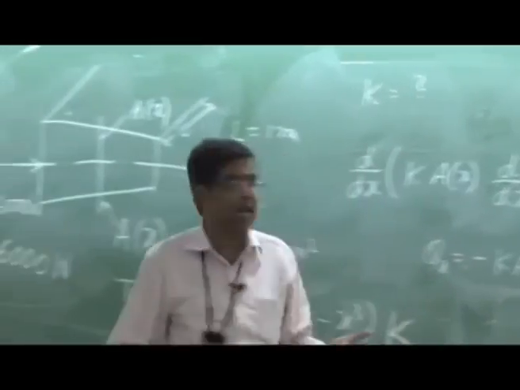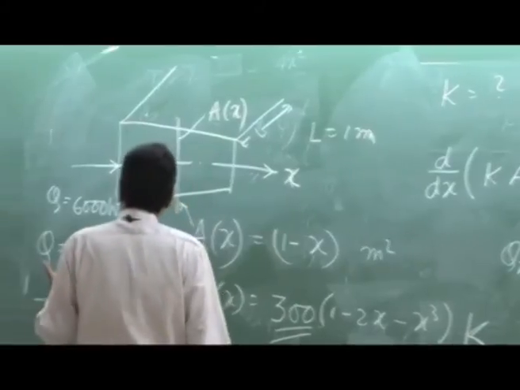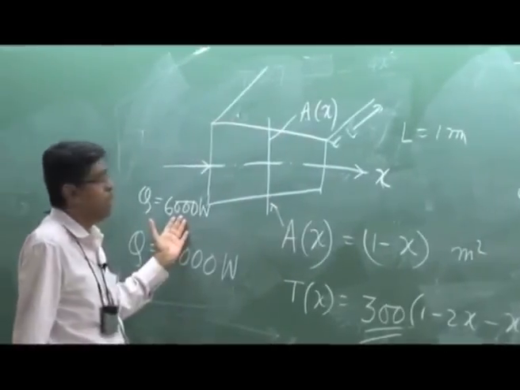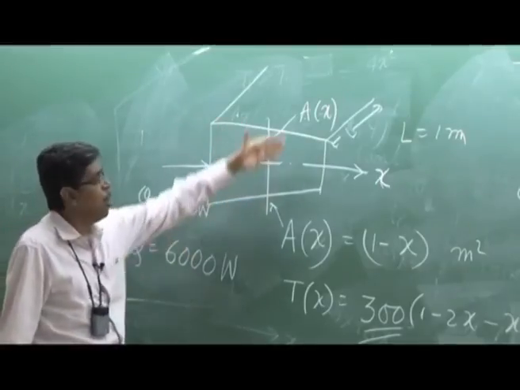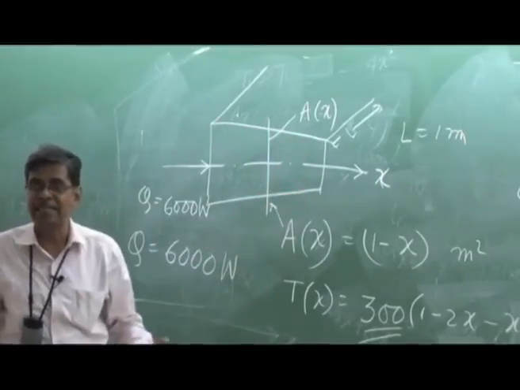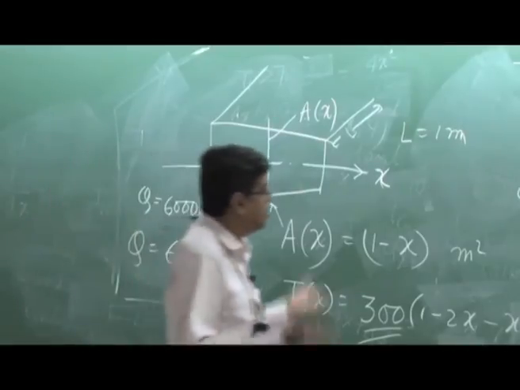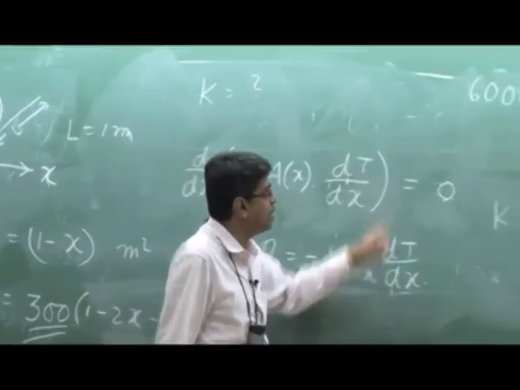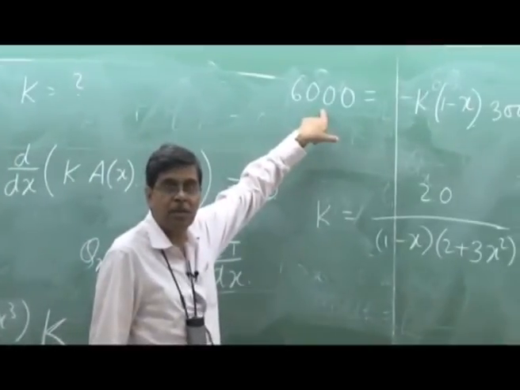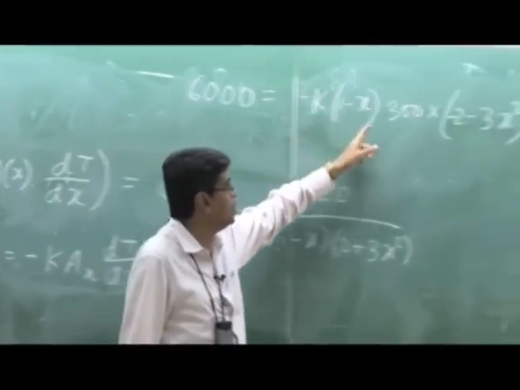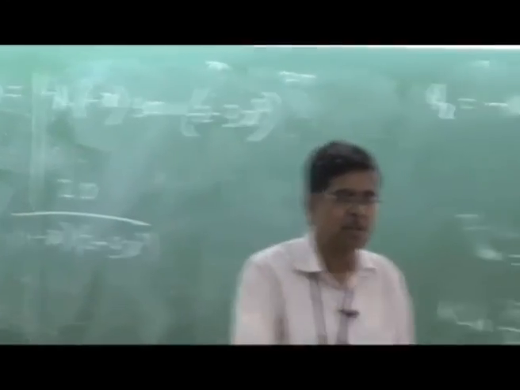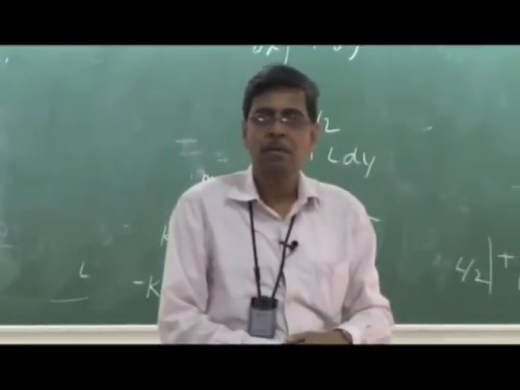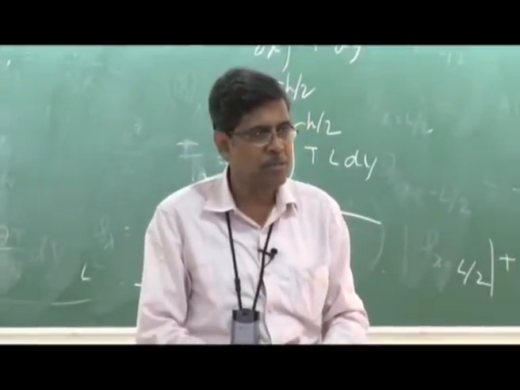I have to find out K, and I have to see what is given in the problem: total heat conduction, which is the same for all sections under steady state without heat generation. That means for any section, Q(x) is minus K A(x) dT/dx, where Q(x) is 6000, flowing through all sections. This clear? This is as simple as anything. Very primary school level things are like that.